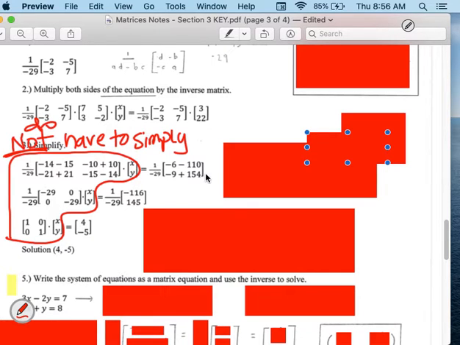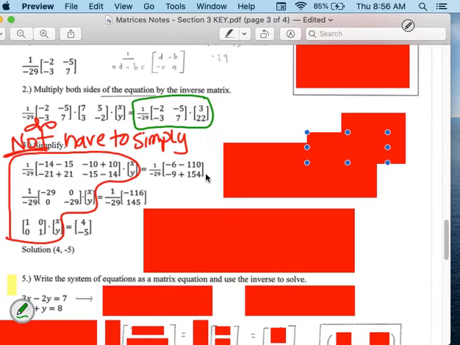All you have to do, guys and gals, is simplify this right here. That is the work that you do, and you will solve your system of equations. You take the inverse times the constants at the end.